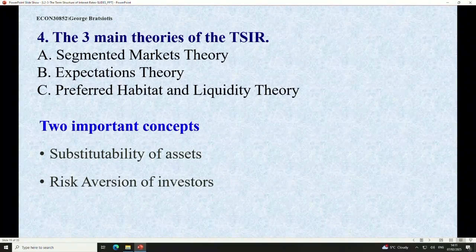Substitutability is how you perceive short-term investment versus long-term investment. So, for example, if I have £1,000 to invest, and I've got it available, let's say, for 5 years, I can decide whether I want to go straight away and buy the 5-year bond, or split it into a 1-year bond, then another 1-year bond, and so on.